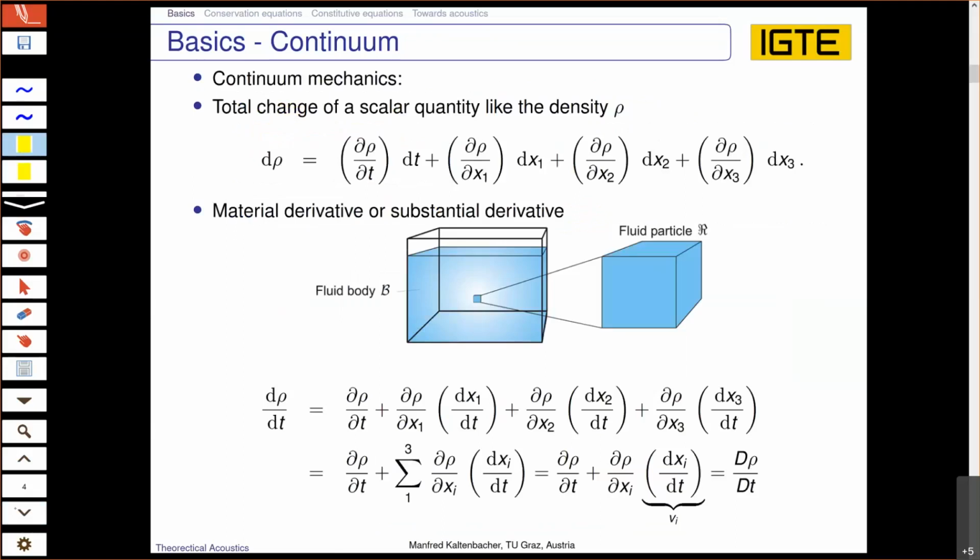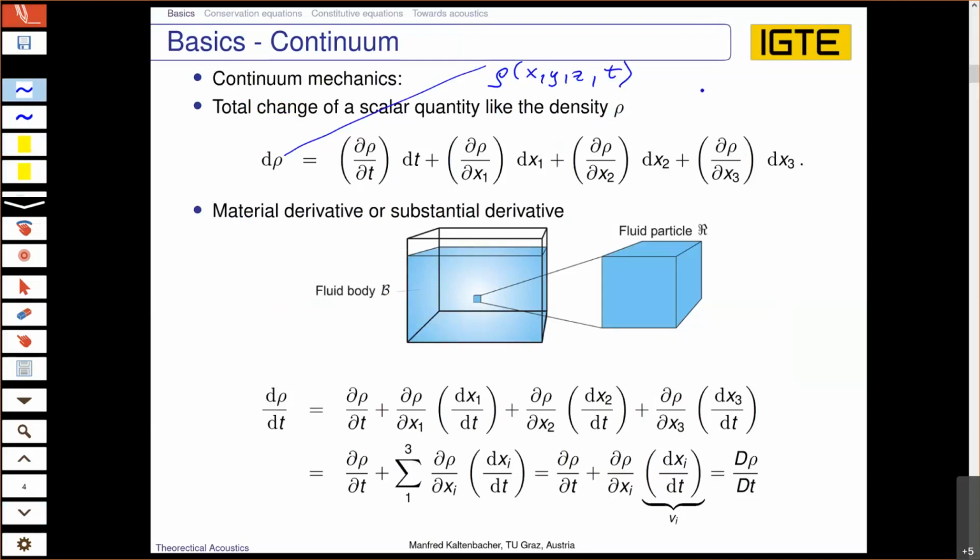So if we are within continuum mechanics, then I just make it explicit here, and let's do it for the density. As we had before, the density is a function of the space coordinates, which we explicitly write with x, y, and z, and the temperature.